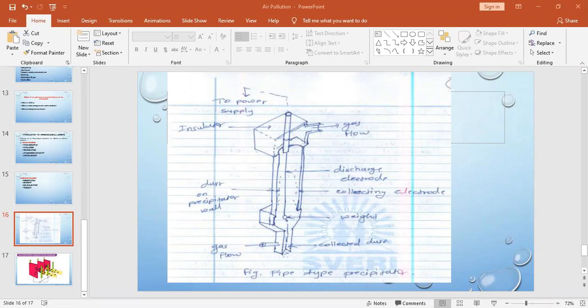Please share your view. What is another advantage of electrostatic precipitator over all the other equipment we have studied until now? Would you like to share?